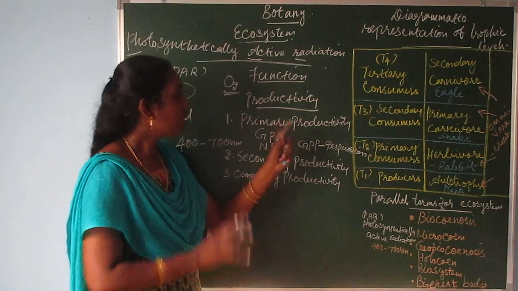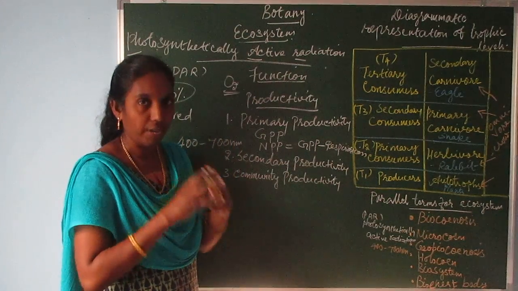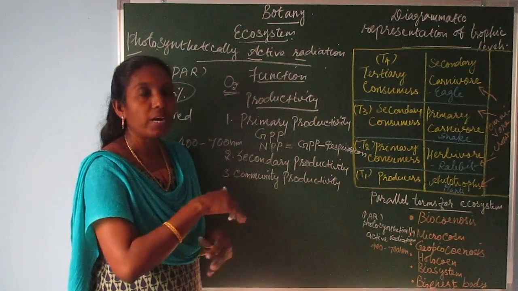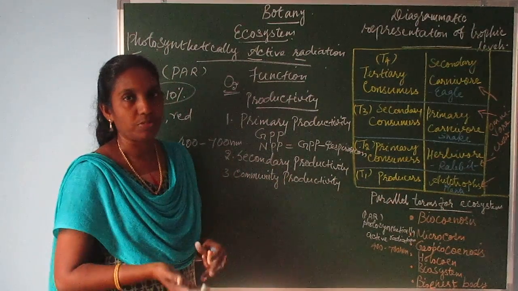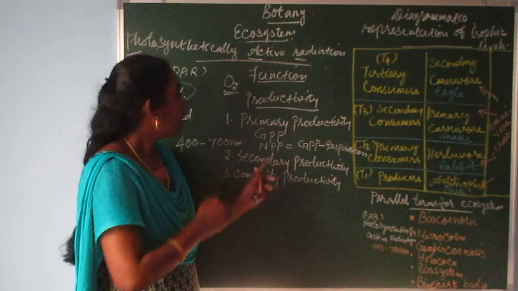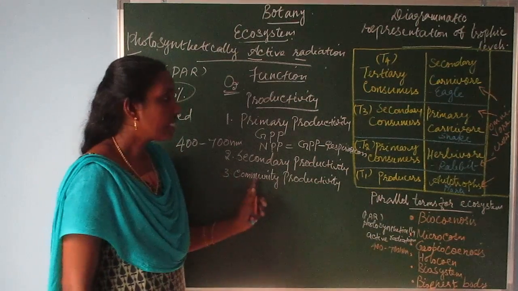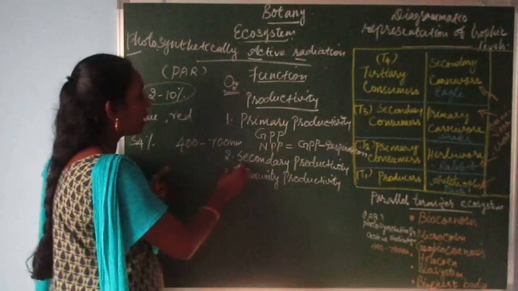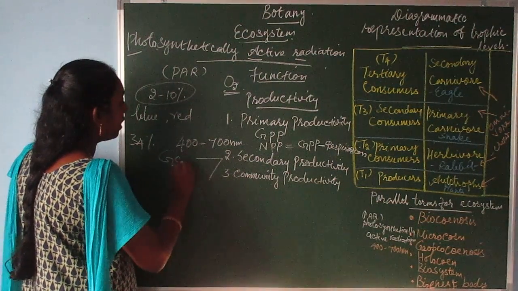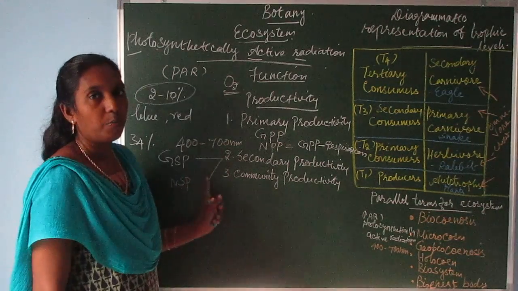Here there is a gross amount, the total amount of energy that can be consumed by the consumers or heterotrophs, the organisms that consume the autotrophs. Here also some energy is lost. Secondary productivity is also classified into gross secondary productivity and net secondary productivity.